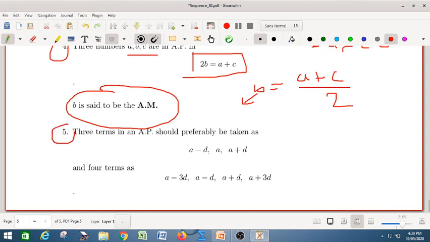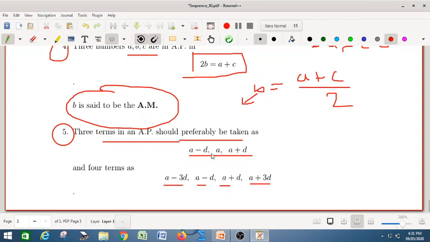And the last one of our lecture today: if three terms are in AP, the numbers can preferably be taken as A minus D, A and A plus D. Look at that: the difference of A and A minus D is D, and the difference of A plus D and A is D. If four terms are in AP, they can be taken as A minus 3D, A minus D, A plus D and A plus 3D.